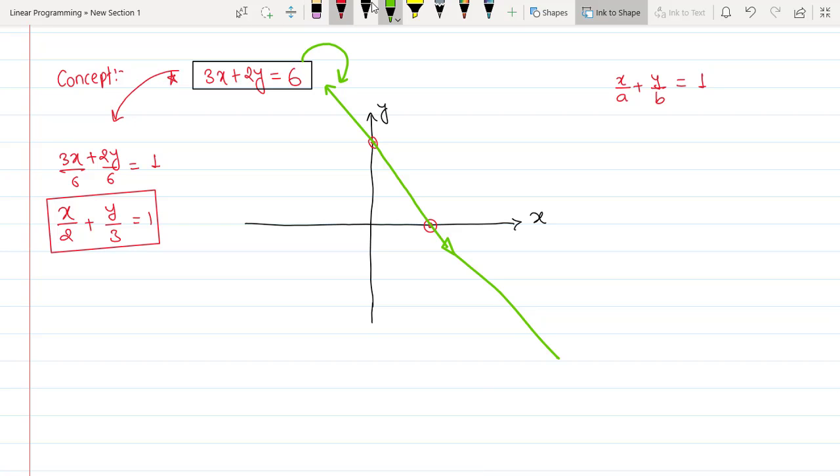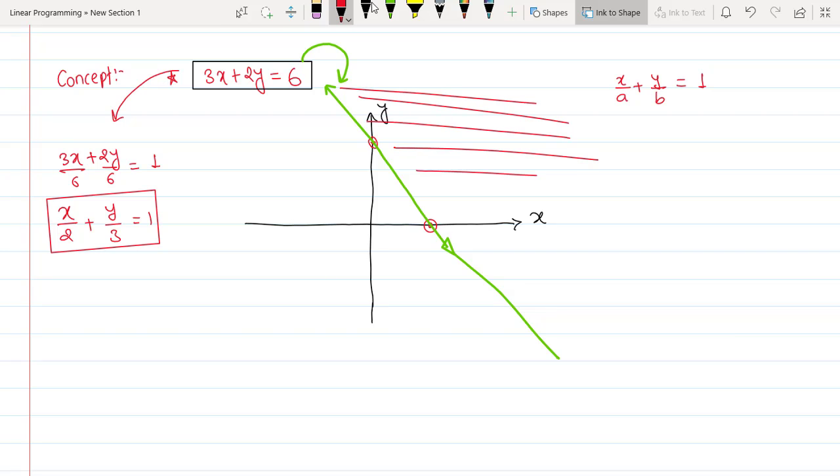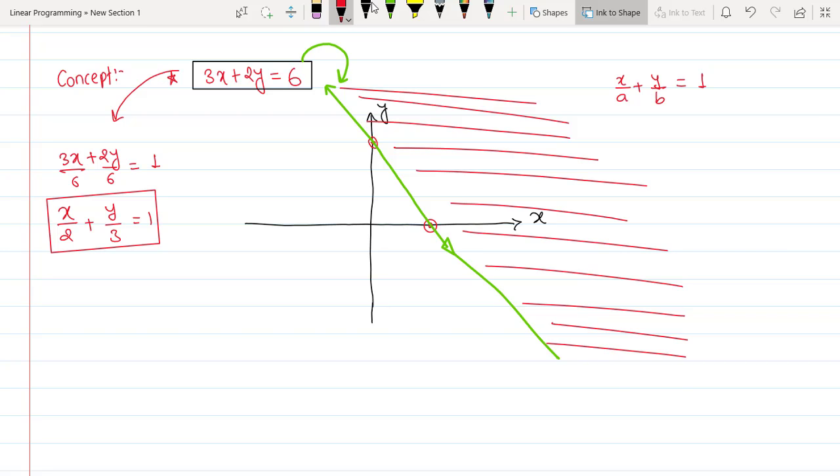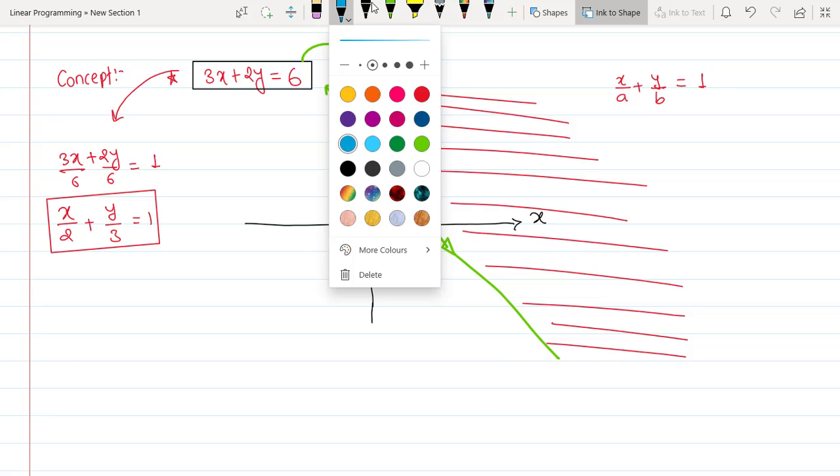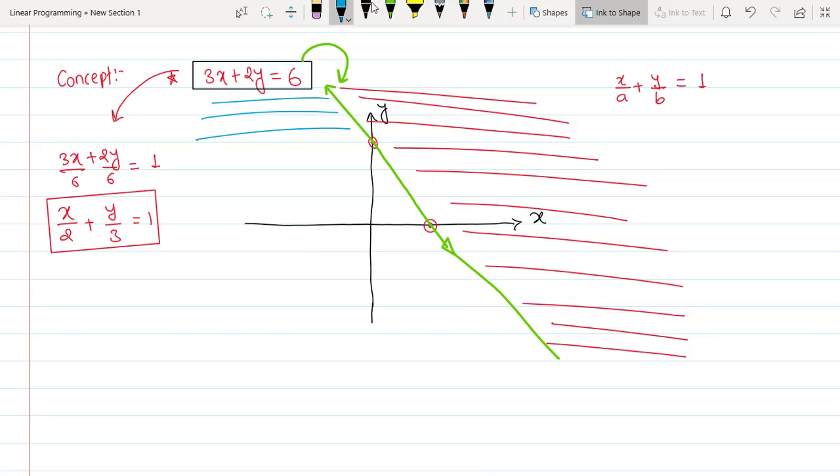So what is the first part? It is on the right hand side. The next part is on the left hand side, the second part.